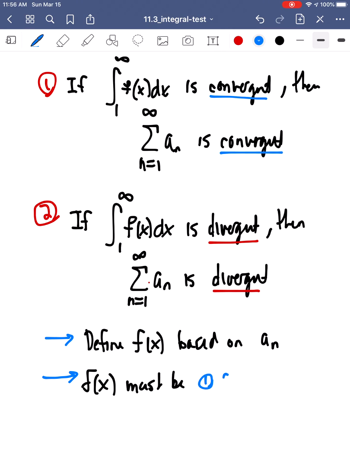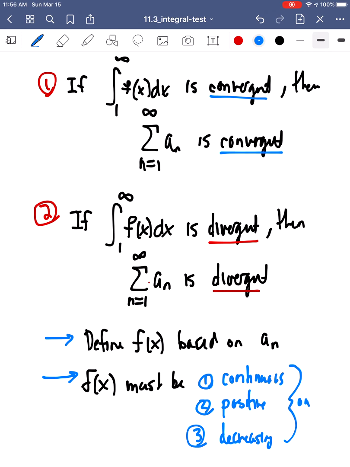Number one, continuous. Number two, positive. And number three, decreasing. And all of these things have to be on 1 to infinity, or basically where our index from our series starts, from n equals 1 to n equals infinity. So again, if our function f of x is those three things, we get to apply the integral test. And then based on what the improper integral does, we automatically get to say our series does the same thing.